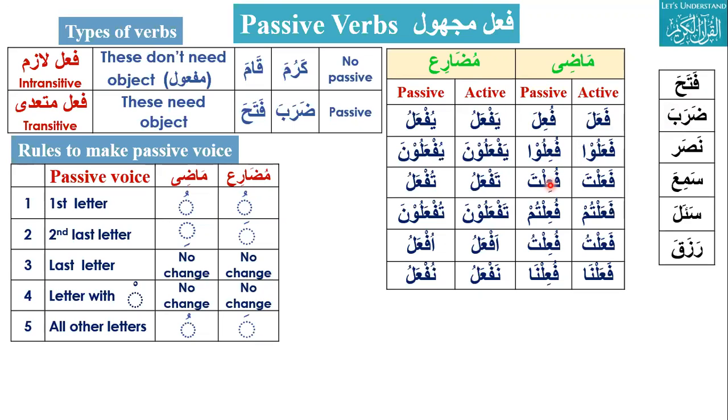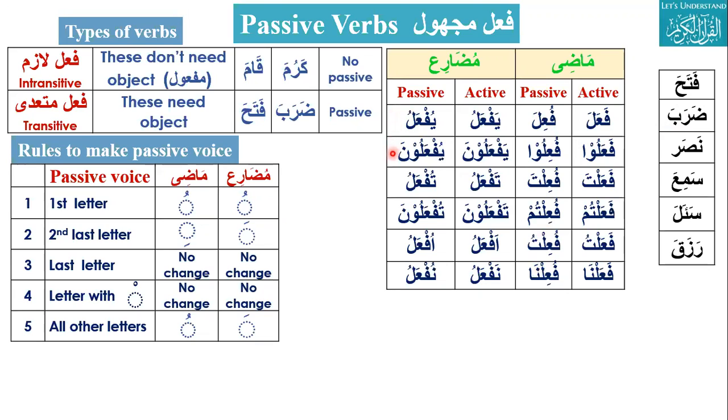Duribta, duribtum, duribtu, duribna. And in mudare, regular is yadribu, and in passive voice is yudrabu. Yudrabu. Very good.